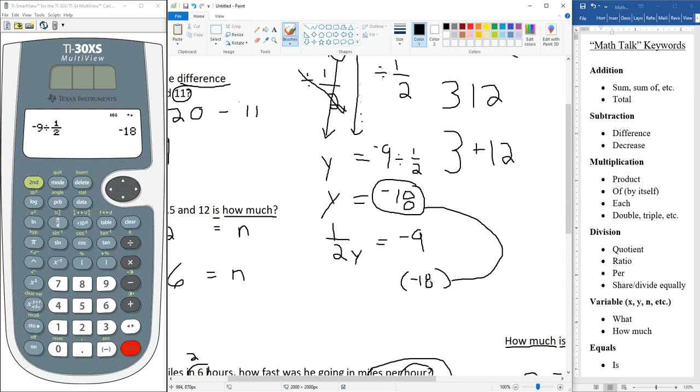So let's go over to our calculator, and we're going to put in 1/2 parentheses negative 18, and it should equal negative 9. We're going to confirm that on our calculator. So here we go.